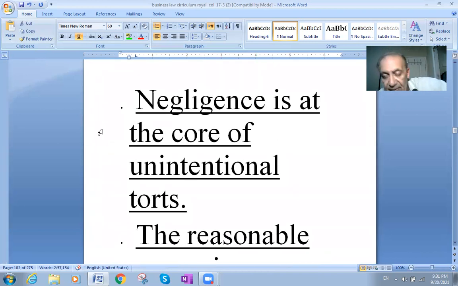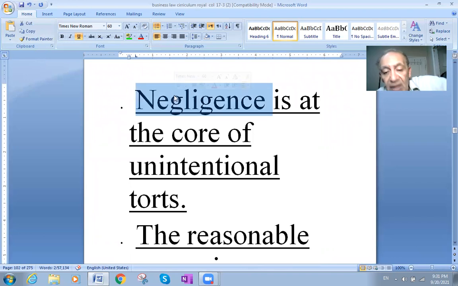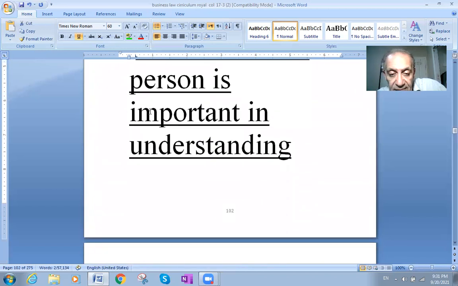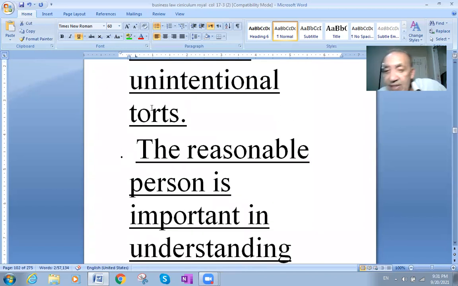Negligence, meaning I don't care, is a main reason for unintentional torts. Anybody working in business must be aware of tort law so that he avoids causing people harm.